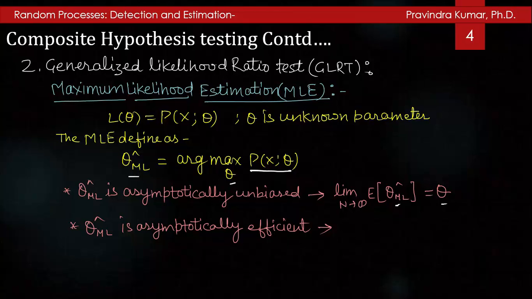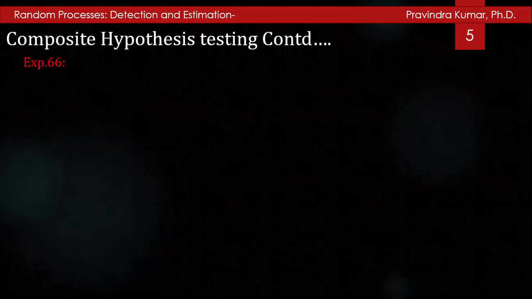Asymptotically efficient means that with a large amount of data, the variance of the estimated value of theta will reach the Cramer-Rao lower bound, CRLB. We will discuss more about estimation when we reach the estimation section in further lectures.